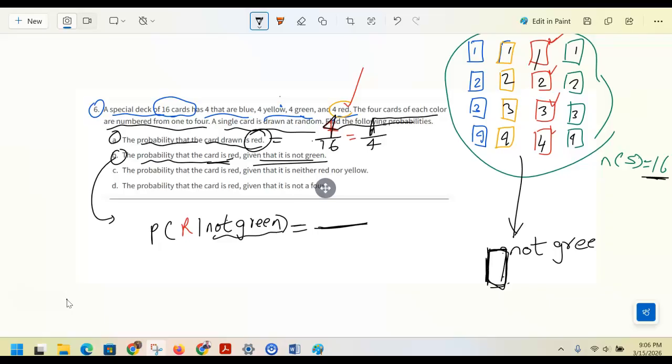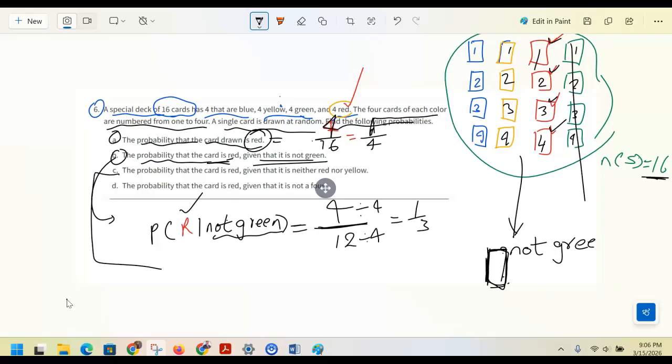If it is not green, that means this is not the card, so the remaining cards are 12. So there are 12 cards and you want to have a red card. The red cards are again 4 of these. See, these are 4 reds, so this is 4 out of 12. If we divide the numerator and denominator by 4, you get 1/3.